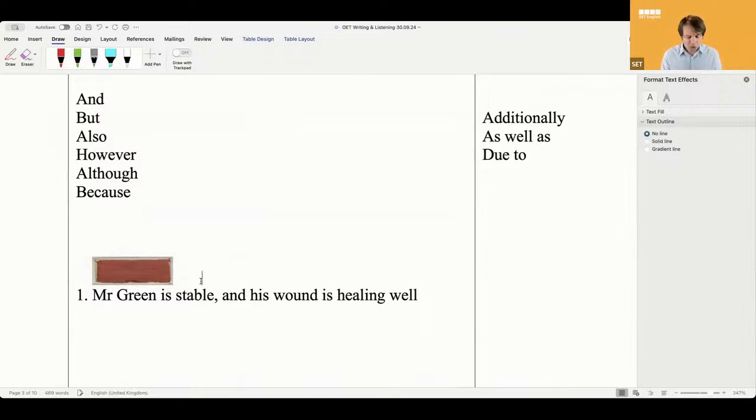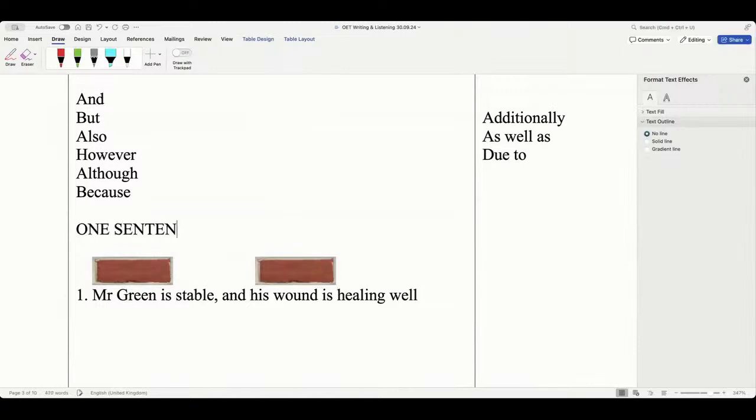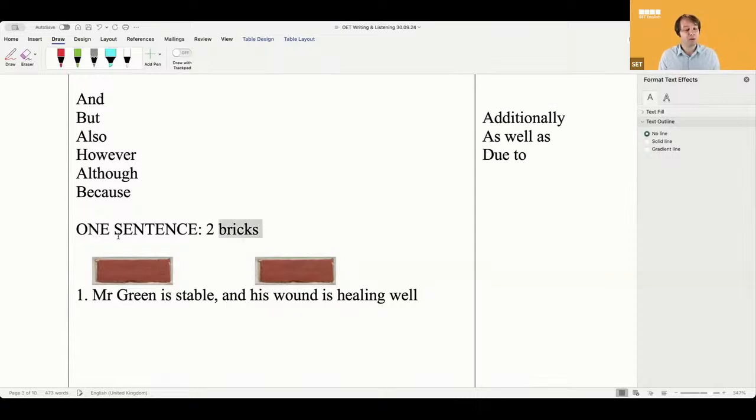What do we call these two bricks? So it's one sentence, two bricks. What do we call it? It's not called a phrase, actually. Does anyone know what we call these subject and verb combinations? Subject, verb, conjunction, subject, verb.